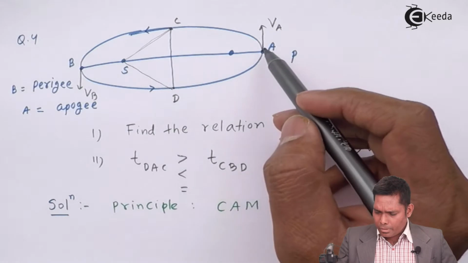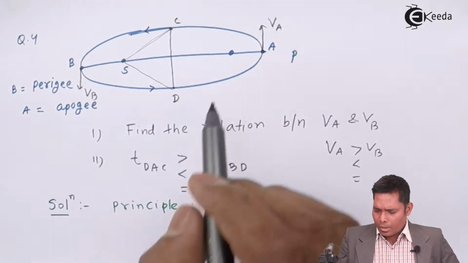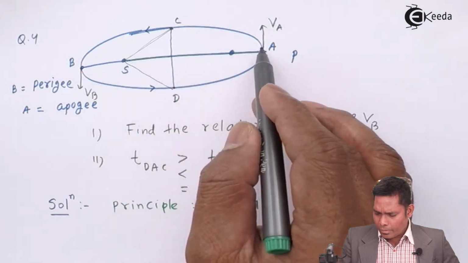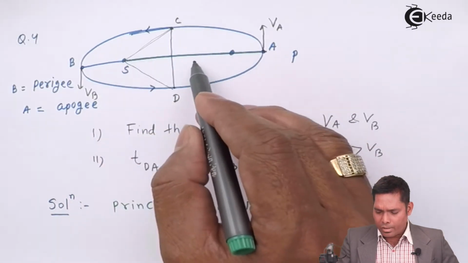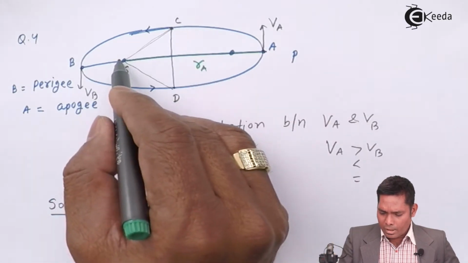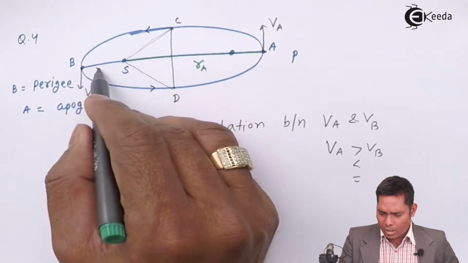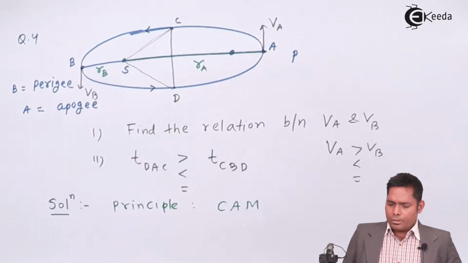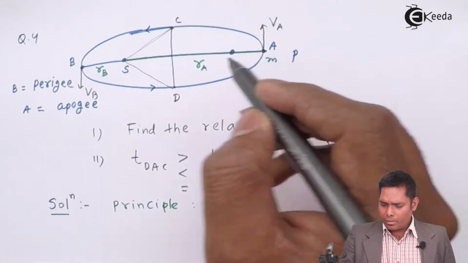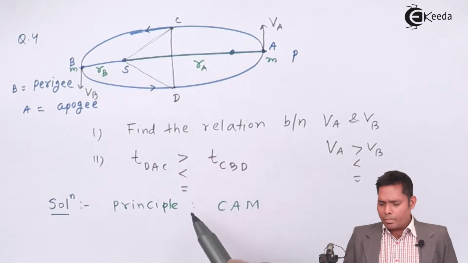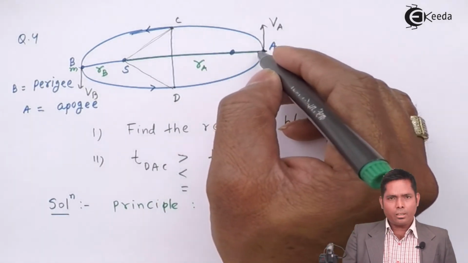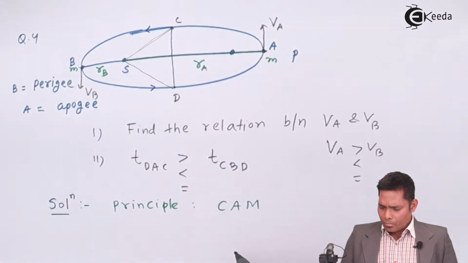If you apply conservation of angular momentum at A and B, at A this distance is the radius, I will say this is RA, and when it is here, this distance is RB. And the mass of the planet here and here will be the same, so mass will be m only. The angular momentum is mvr at these two positions because the angle is 90 degrees.